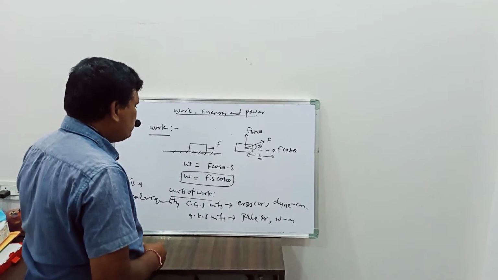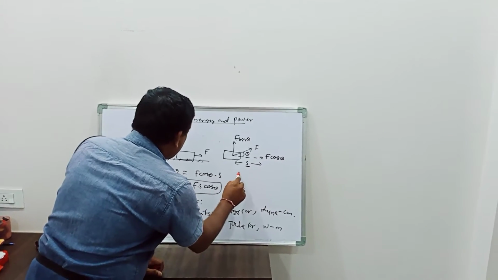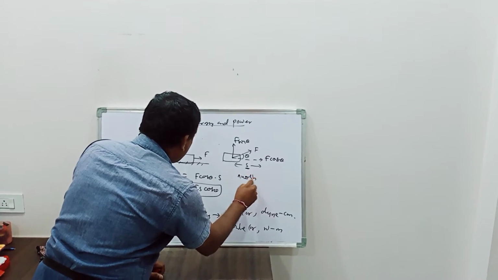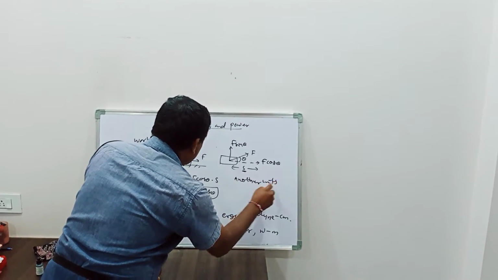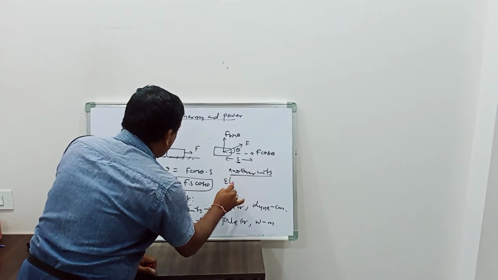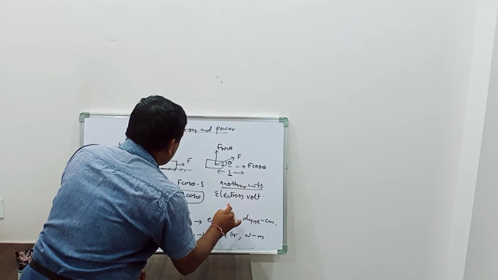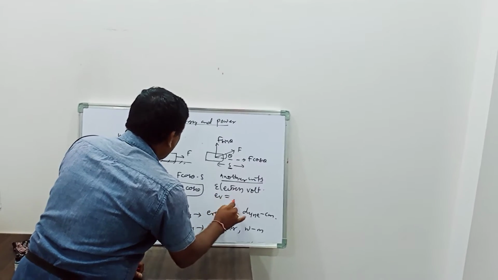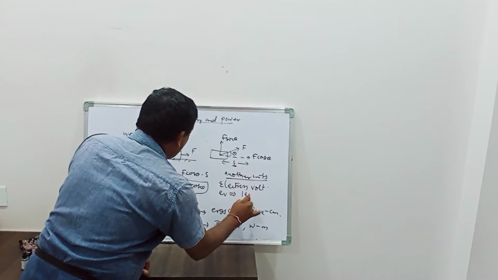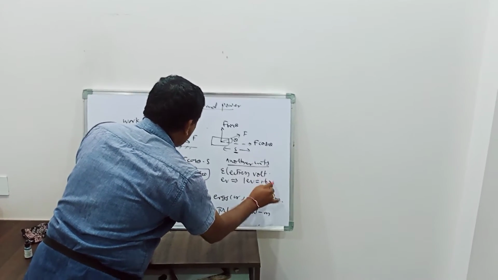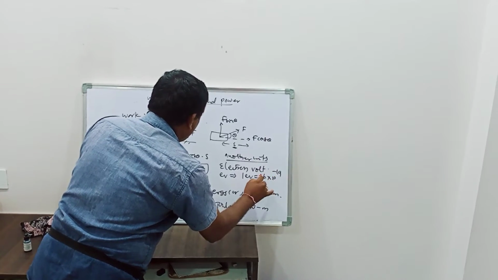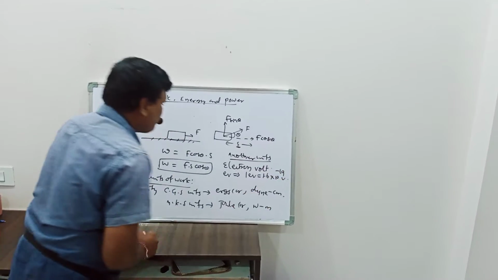We have other units of work. What are the other units? One is the electron volt, eV. 1 electron volt is equal to 1.6 into 10 to the power of minus 19 joule.